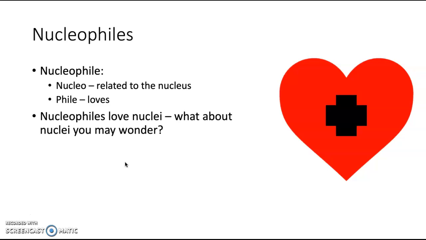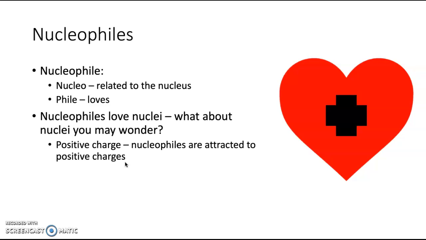Well, they would love the positive charge. Okay, the nucleus has protons in it. It has a positive charge. So something that's a nucleophile, something that is attracted to the nucleus, is something that's going to be attracted to that positive charge. Okay, so this heart with the plus sign in the middle is to show that nucleophiles love positive charges.